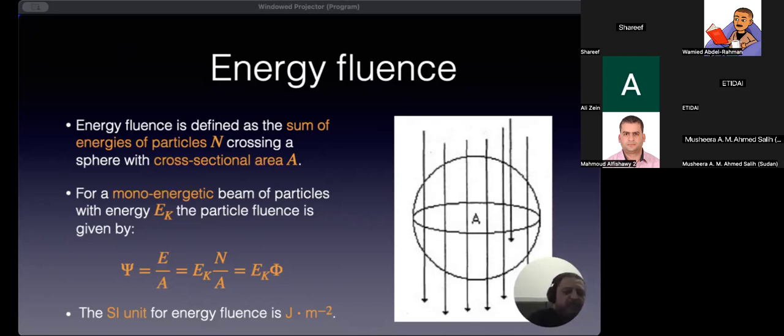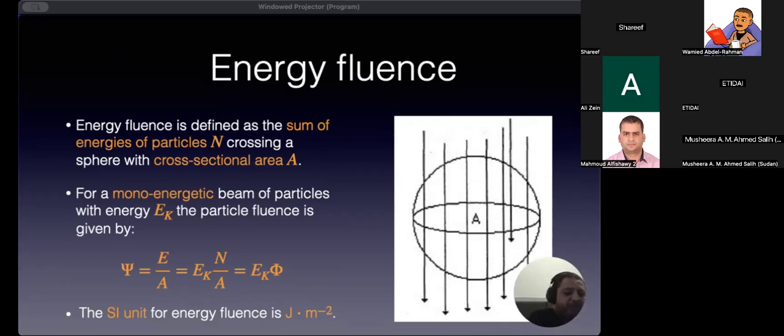This is basically the energy times the particle fluence. So the energy fluence for monoenergetic beams is just the energy of the particles multiplied by the particle fluence. Remember, this represents the total number of particles crossing that area.